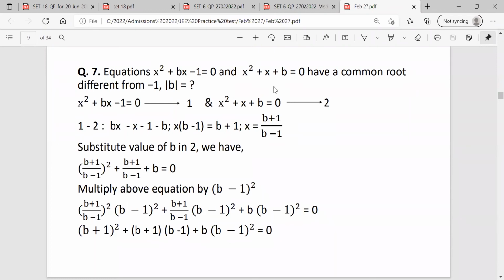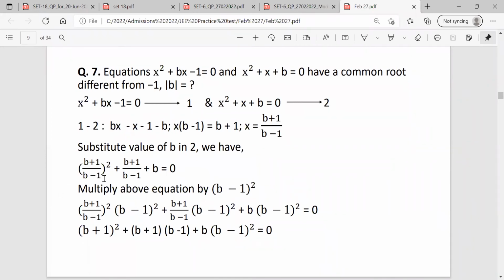Here I'm substituting the value in the first equation in order to find it. Here we have x as b plus 1 by b minus 1. So b plus 1 by b minus 1 whole square plus the x becomes b plus 1 by b minus 1 plus b equal to 0. Now having a look at the statement, I know that it will be easy to solve when I multiply the above equation with b minus 1 whole square.